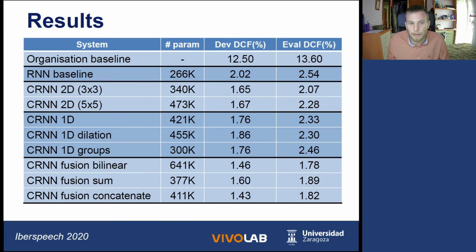And if we focus on those using 1D convolutions, it is interesting to mention that the 1D system using group convolution achieves the same performance as the one using the 1D convolutions with a significantly lower number of parameters.